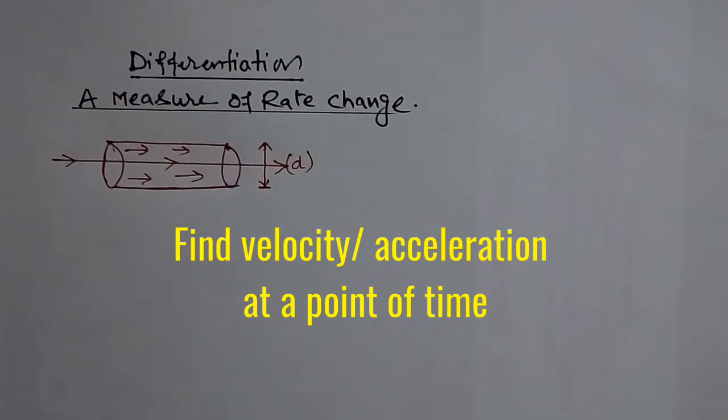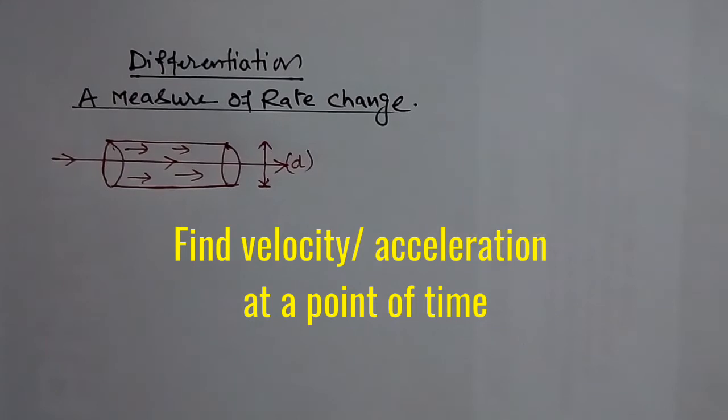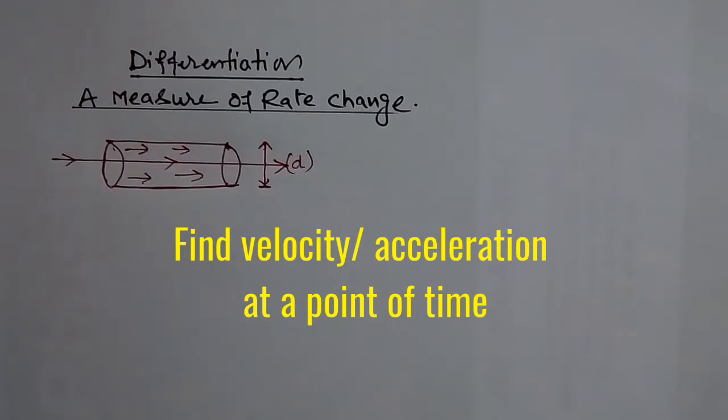In fact, the foundation of calculus was laid by Leibniz and Newton simultaneously. Leibniz was interested to find out whether it was possible to find the tangent to a curve. Similarly, Newton was trying to find out the rate change. In fact, Newton was really interested to find out velocity or acceleration at a particular point of time. So these two mathematicians put their ideas in the form of calculus.